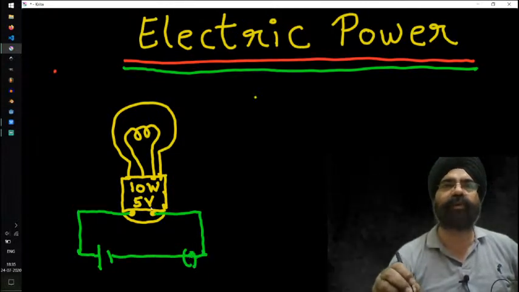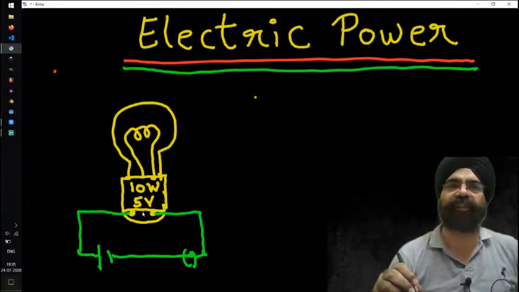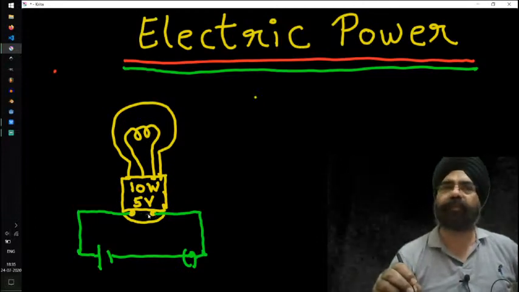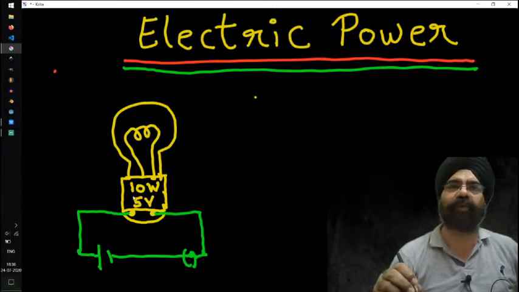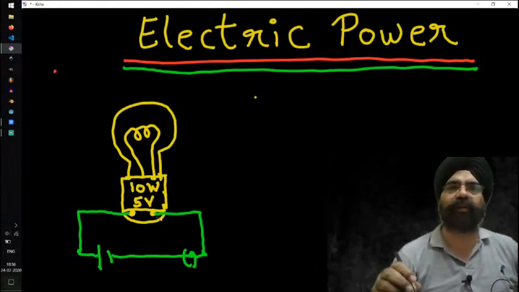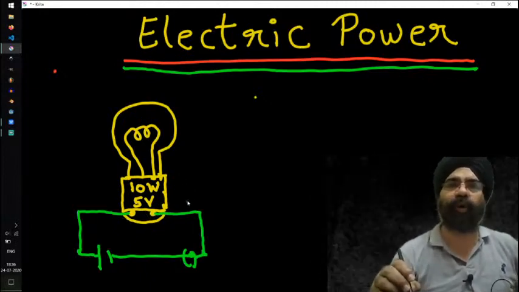It should work on a 5 volt potential difference, which means the potential difference between this point and this point is 5 volts. Now I say that when I have connected this to a potential difference, I have ensured that it is connected to a potential difference of 5 volts. I mean, we have been able to create a potential difference of 5 volts across the 2 points.